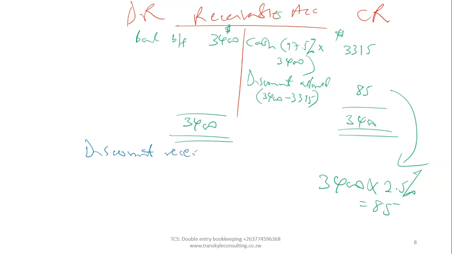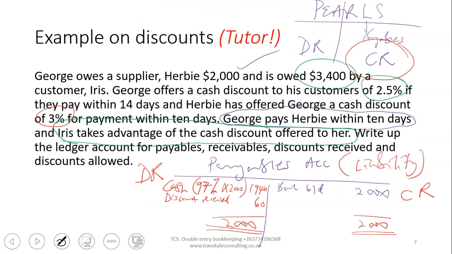Okay. Now, you also need to come up with the ledger accounts for the discount received and discount allowed. They also have their own T accounts. So for the discount received, we discovered that it was $60. But what is important is to know that discount received is income, and income is credit. As you have seen here, revenue is on the credit side.